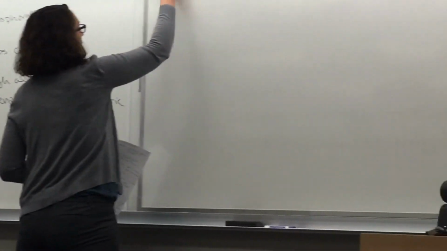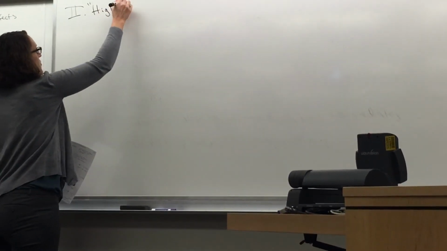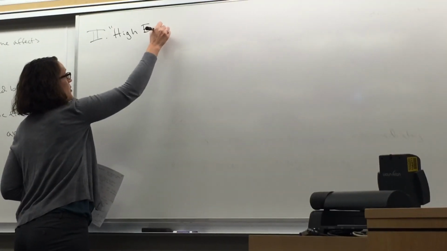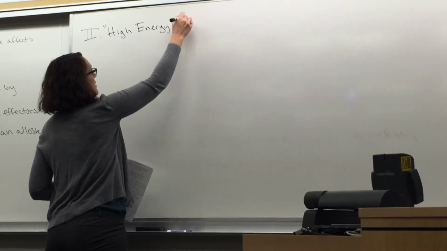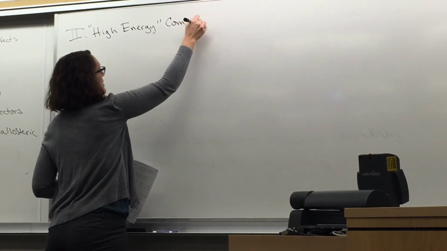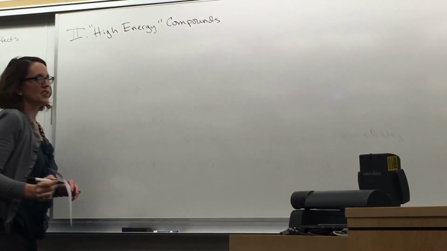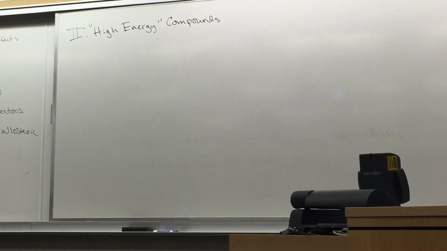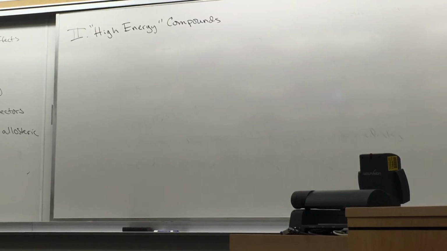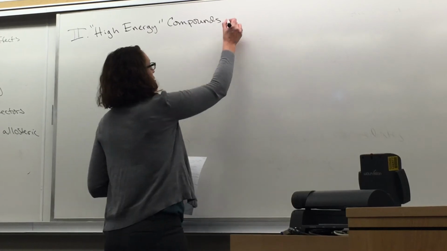And that is really to talk about, and I think this is such a weird term that I'm going to put it in quotes, "high energy compounds." Other places you might hear them referred to as energy-rich compounds. I kind of like that terminology better, but your book uses high energy, so in order for there not to be a lot of confusion about it, we'll stick with that, but it's not my favorite terminology.